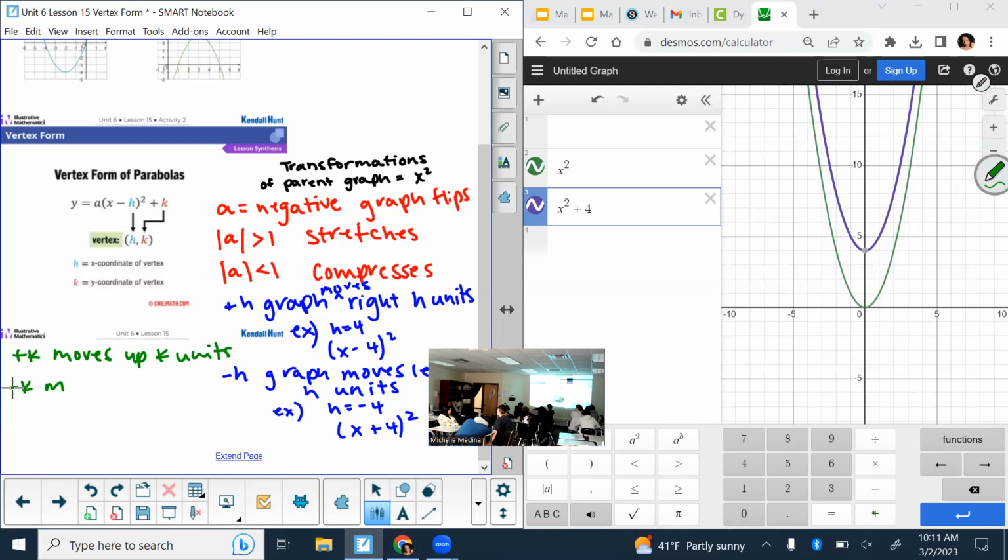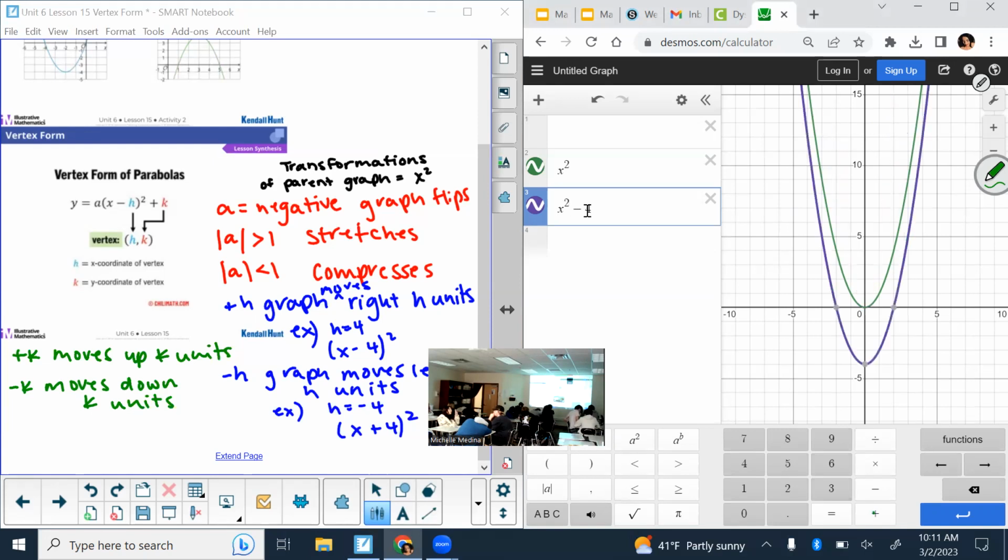It moves down k units. And I like that one because it reminds me of the y-intercept, which it is. It affects the y-intercept. All right, so then of course, just for fun, if I make that negative, now it moved down from the parent graph. Questions, comments, concerns?